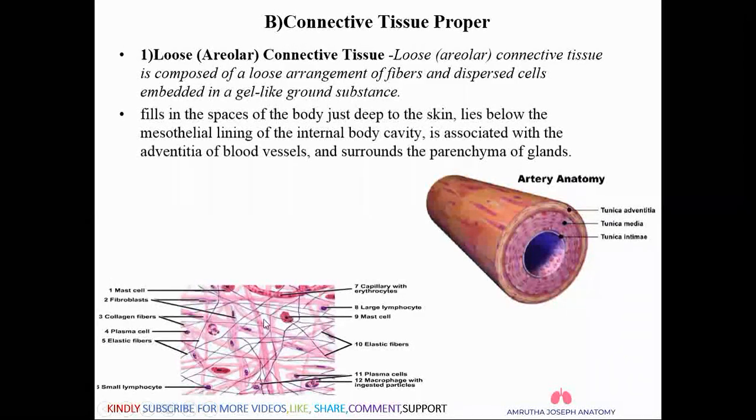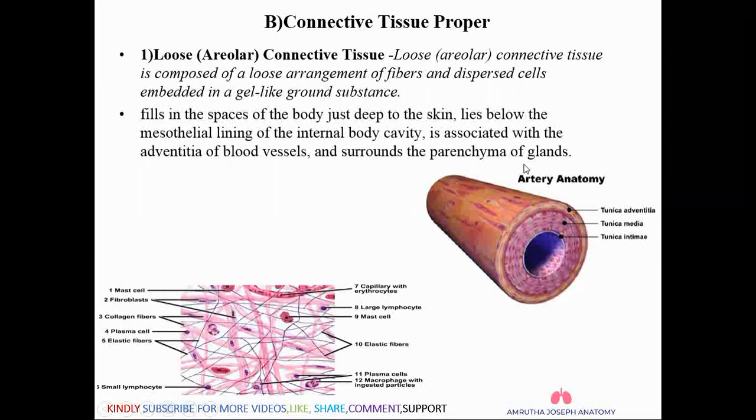It's mainly seen in skin, the mesothelial lining of internal body cavities, and the adventitia of blood vessels. So this is the adventitia of a blood vessel. A blood vessel has three layers: tunica intima, tunica media, and tunica adventitia. So this layer has loose areolar connective tissue.